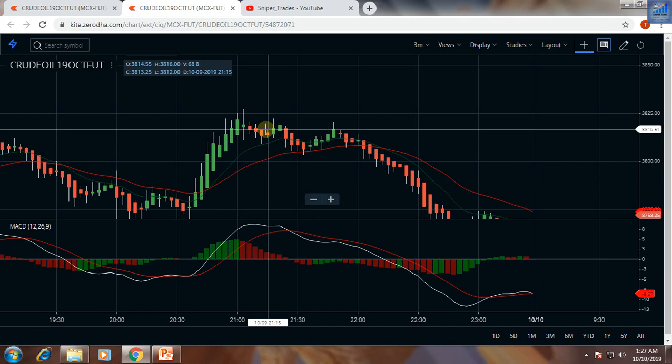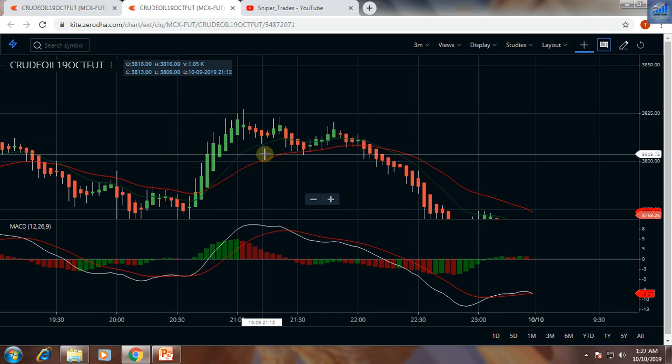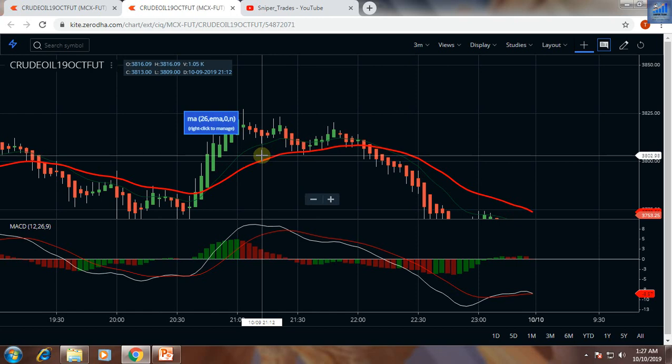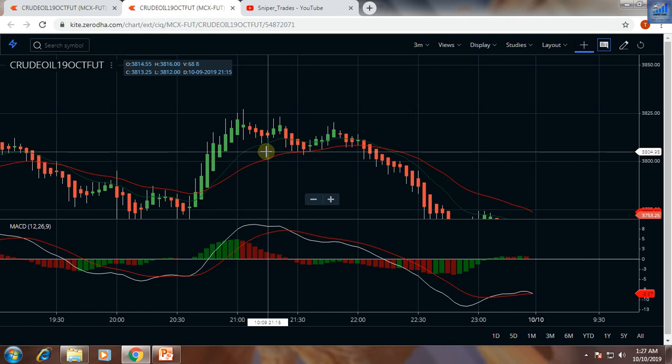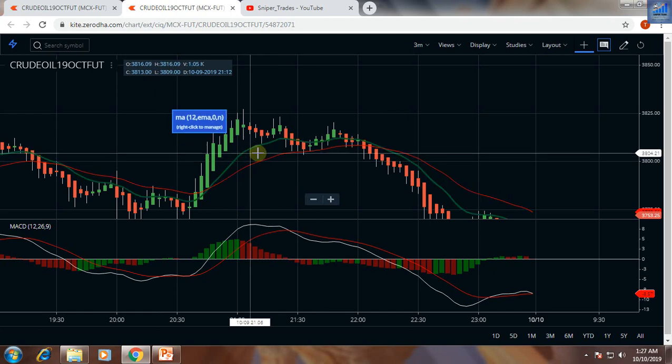The reason we are using exponential moving average throughout this calculation is because it reacts more significantly to recent price changes than a simple moving average. If we use a simple moving average, it will be somewhat more lagging behind, and it is the exponential moving average which responds more quickly and responsively to the recent price changes.